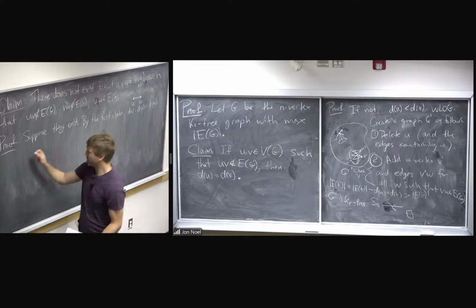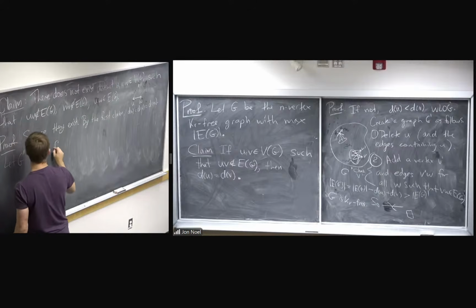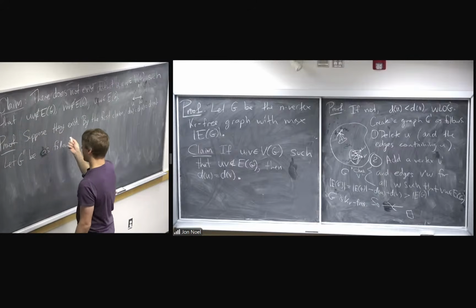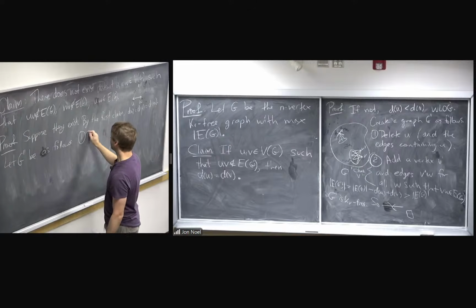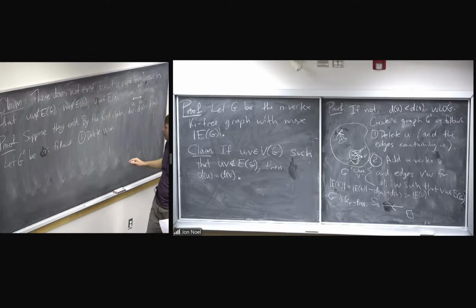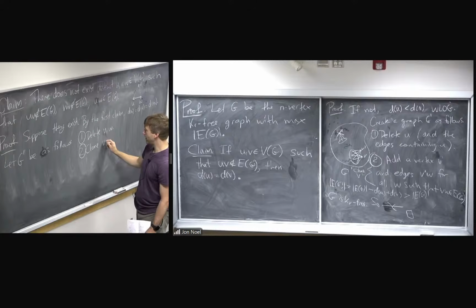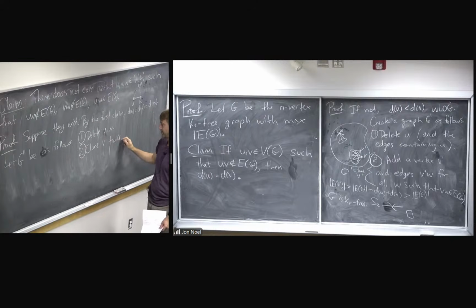So let G double prime be as follows. You take G, we delete u and w, and then clone v twice. So again, clone is this thing, add a vertex with the same neighborhood.